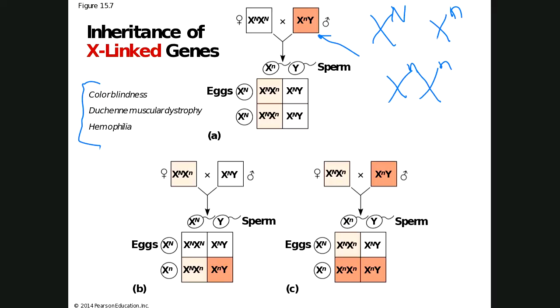There's a very precise definition for carrier, folks. In genetics, a carrier is an organism that is heterozygous, that carries the allele, but does not exhibit the trait. You see the females in the Punnett square down below that are this way?